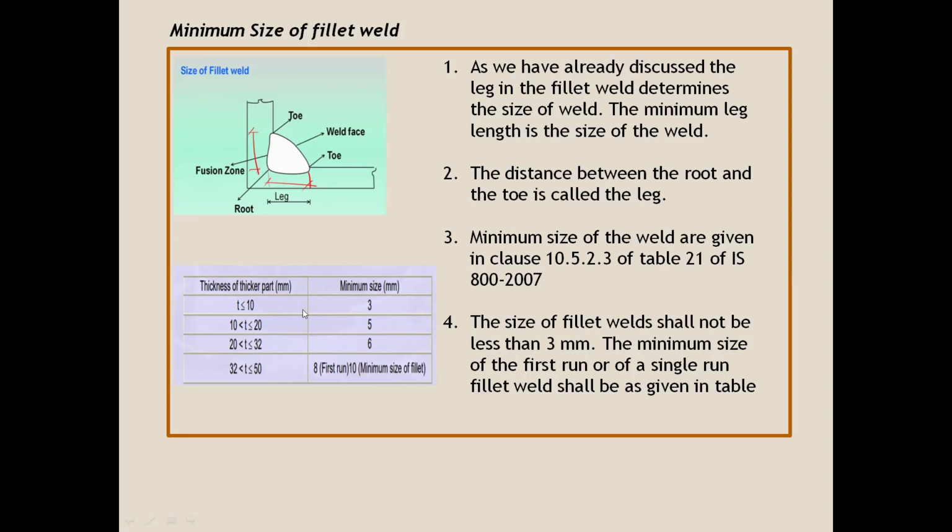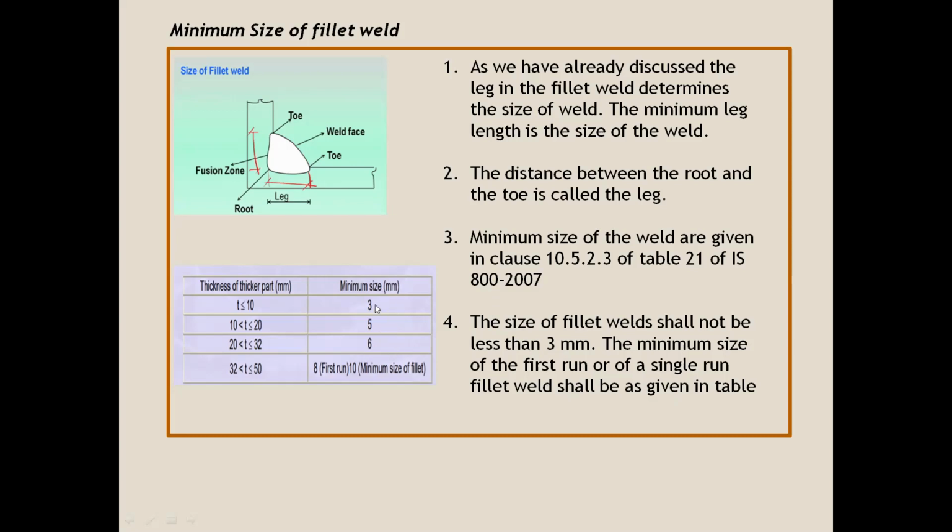You have to follow this Indian Standard, clause 10.5.2.3, for the size of the fillet weld. The minimum size of the first run or of a single run fillet weld shall be as given in the table.